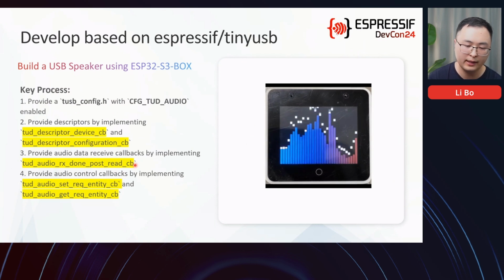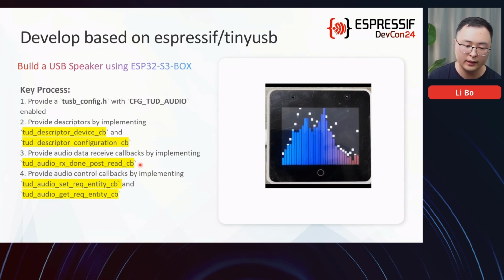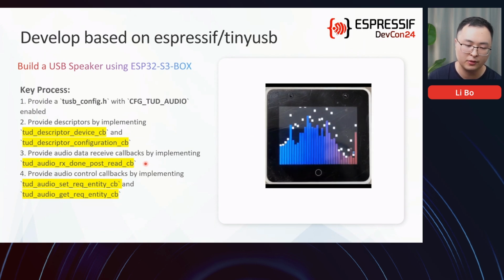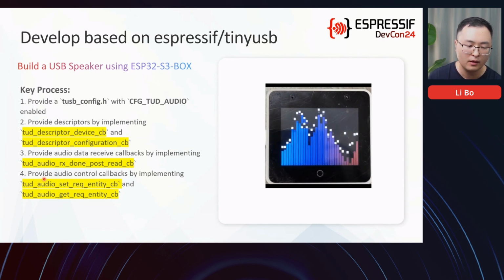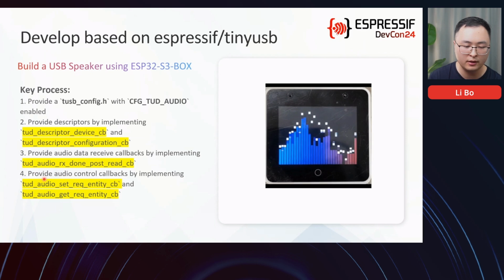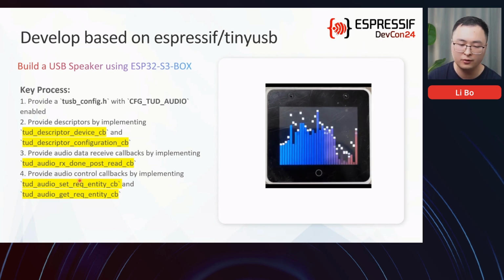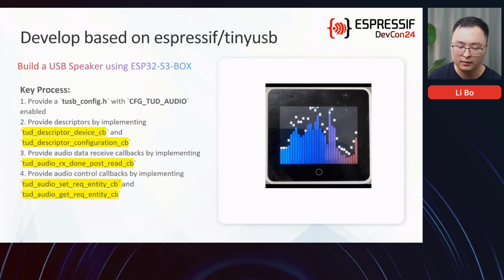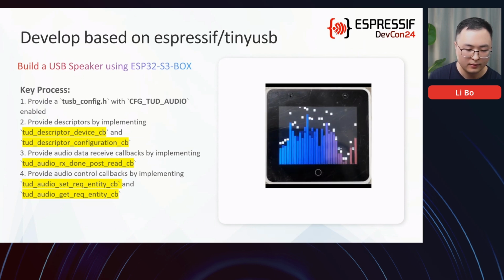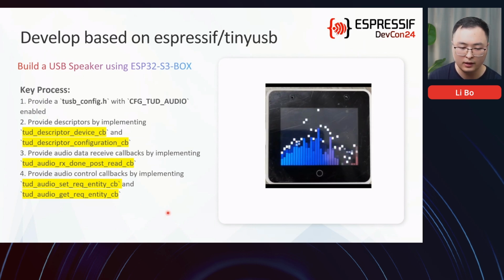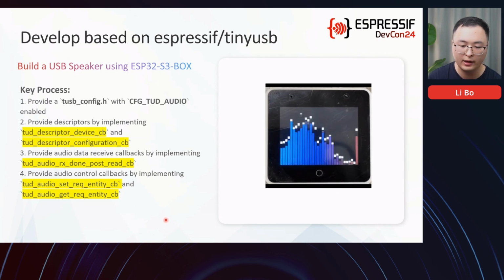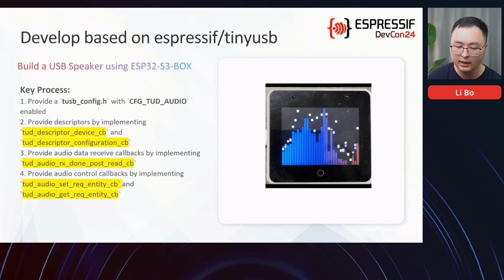You may store it in a ring buffer, and then you schedule the next transfer. If you want to provide much more functions, you need to implement other callbacks, but not all the callbacks are necessary. If you want to check more details, you can also look into the ESP box repository. We have an example there called the USB headset.